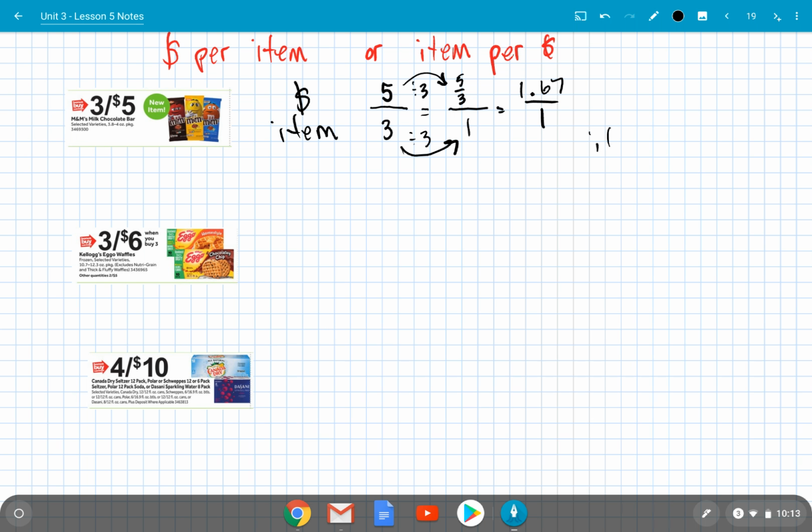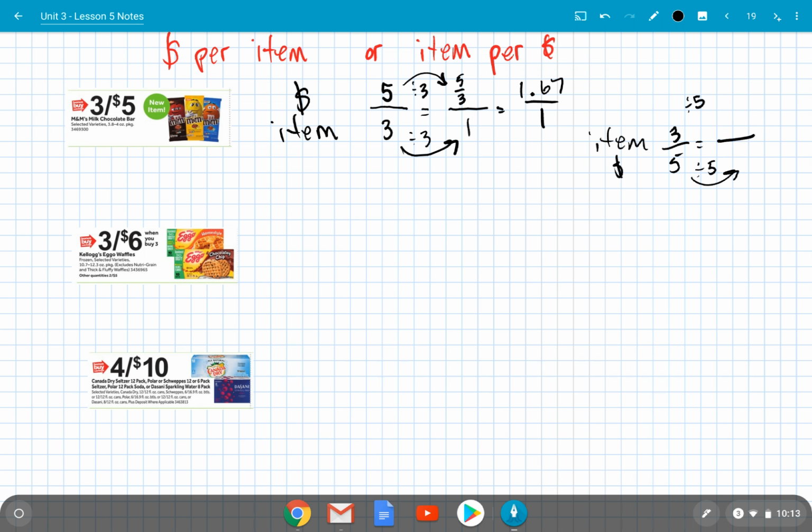If I were to do items per dollar, it would be 3 items for $5, and I'd have to figure out what it would cost for 1 item, which would allow me to divide by 5. So to use a calculator again, 3 divided by 5 is going to be 0.6 or 60 cents. Oh, I take that back.